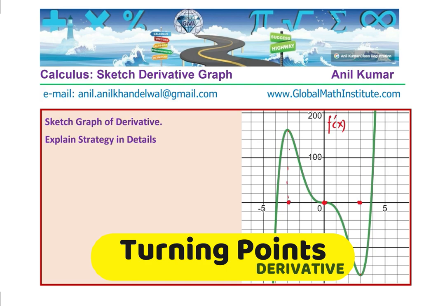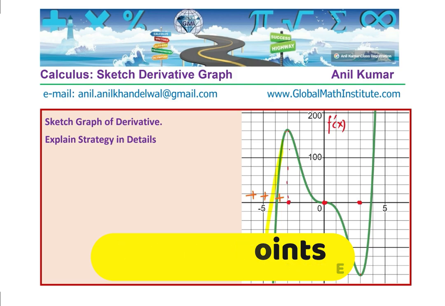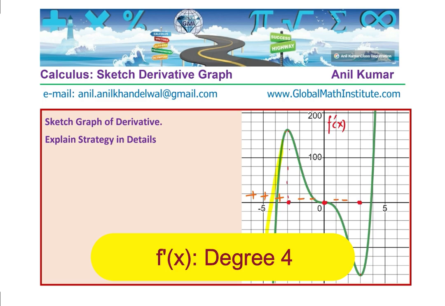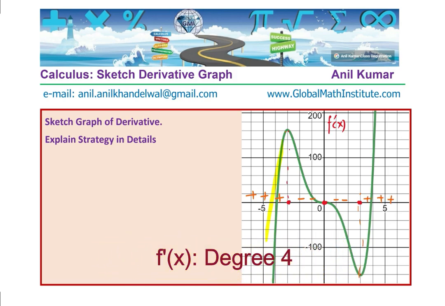Perfect. So we are trying to sketch the graph of the derivative, and now we see that on the right hand side the tangent is positive, correct? So on this side the derivative is going to be positive. So from here to here we expect a positive derivative, then it's coming down negative, here also negative, and after this point we expect the derivative to be positive. You get the idea.